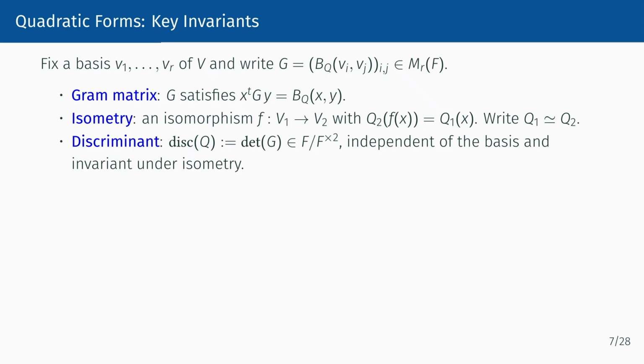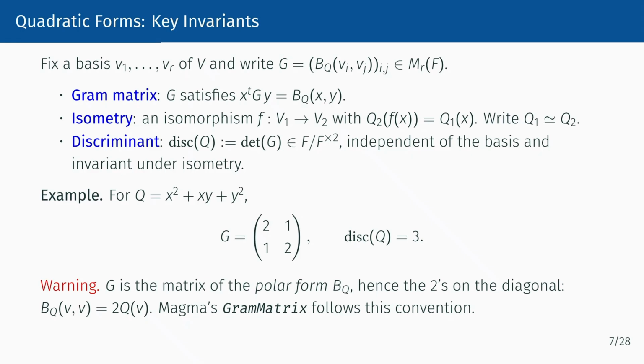And we have the notion of a discriminant, which is basically just the determinant of this Gram matrix. Notice that the determinant of the Gram matrix is not a well-defined invariant of the quadratic form, but every time we change basis, we multiply this determinant by a square. So up to squares, it is a well-defined invariant. So what this quotient here means is a representative element in the field up to non-zero squares.